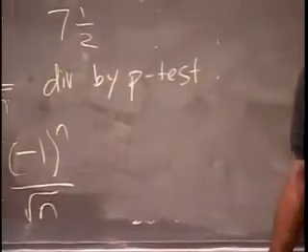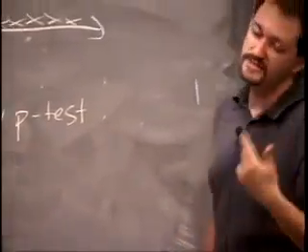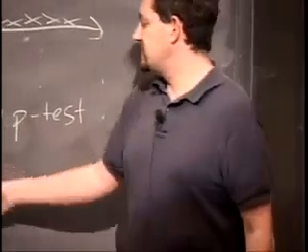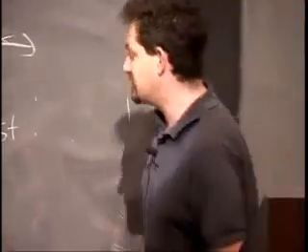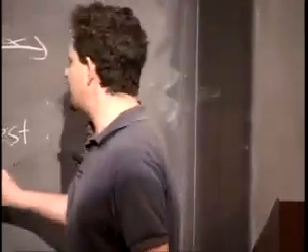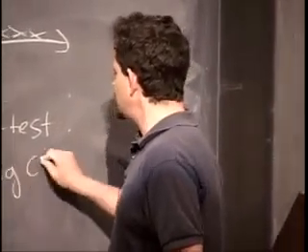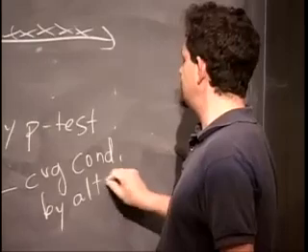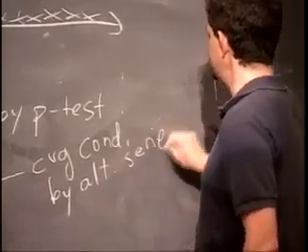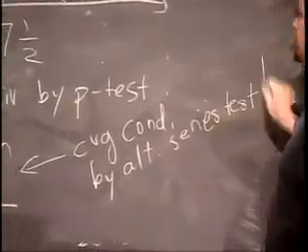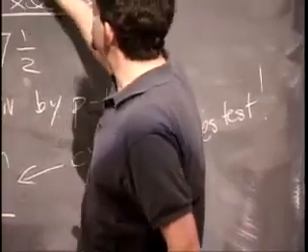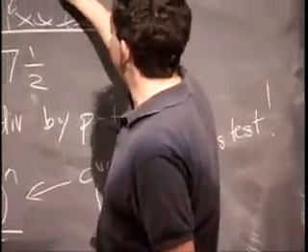Remember, you have to check that it's alternating, that the terms are decreasing monotonically if you ignore the alternation, and also that the limit is 0. And you can show that, therefore, it converges conditionally by the alternating series test. There are a few details for you to fill in there. But basically, the end result is that you do have convergence there, but only conditional.